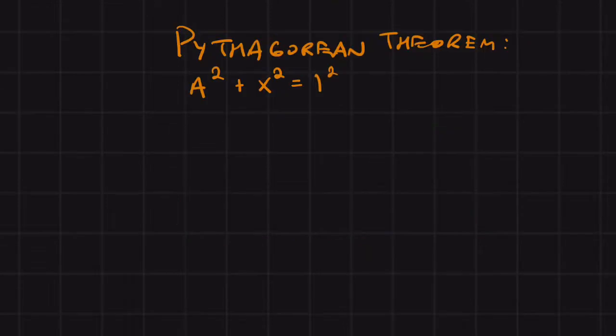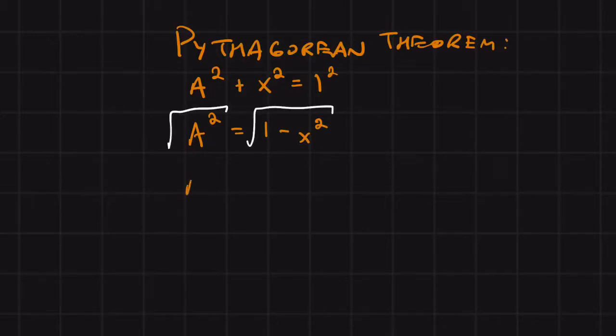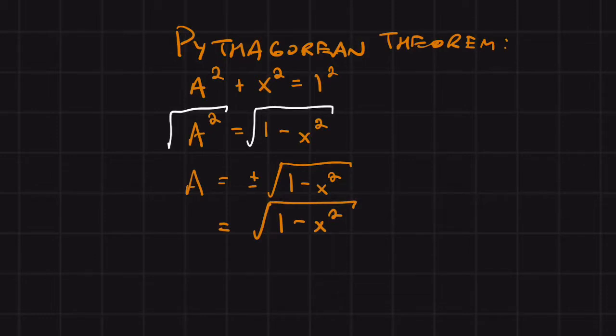To solve for a, we first need to move the x squared to the other side of the equal sign, and then we can take the square root of both sides. That leaves us with a is equal to plus or minus the square root of 1 minus x squared. Here we're only going to consider the positive square root of 1 minus x squared.